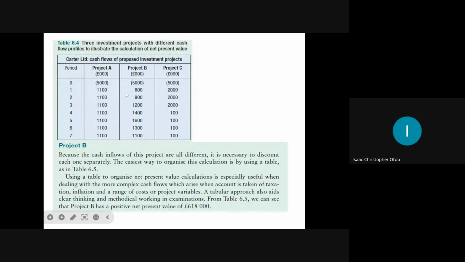So it means that you are using 10% to discount all the figures. If you get positive, increase 10%. If you get negative, decrease 10%. But normally you will decrease them looking at your NPV. If it is in tens, go by 2 decimal places. If it is in hundreds, go by between 3 and 5. If it's in 10,000, you go 10% to 15%.